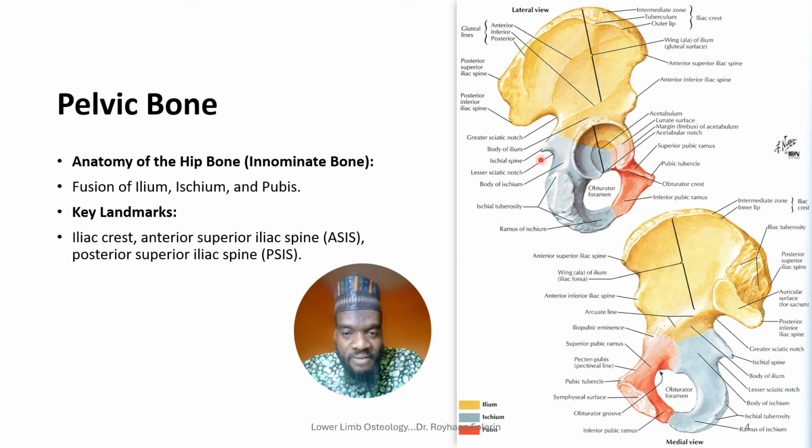And you then have the lesser sciatic notch just inferior to the ischial spine. So the greater sciatic notch, you find that in the iliac bone. This lesser sciatic notch, you find that in the ischial bone. And then you can see this rough part of the ischium on which we sit, and that is the tuberosity of the ischium, known as the ischial tuberosity.